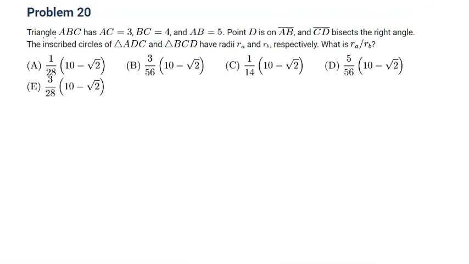Okay, let's see. Triangle ABC has AC equals 3, BC equals 4, and AB equals 5. So that's this right triangle over here. Let's just draw it.